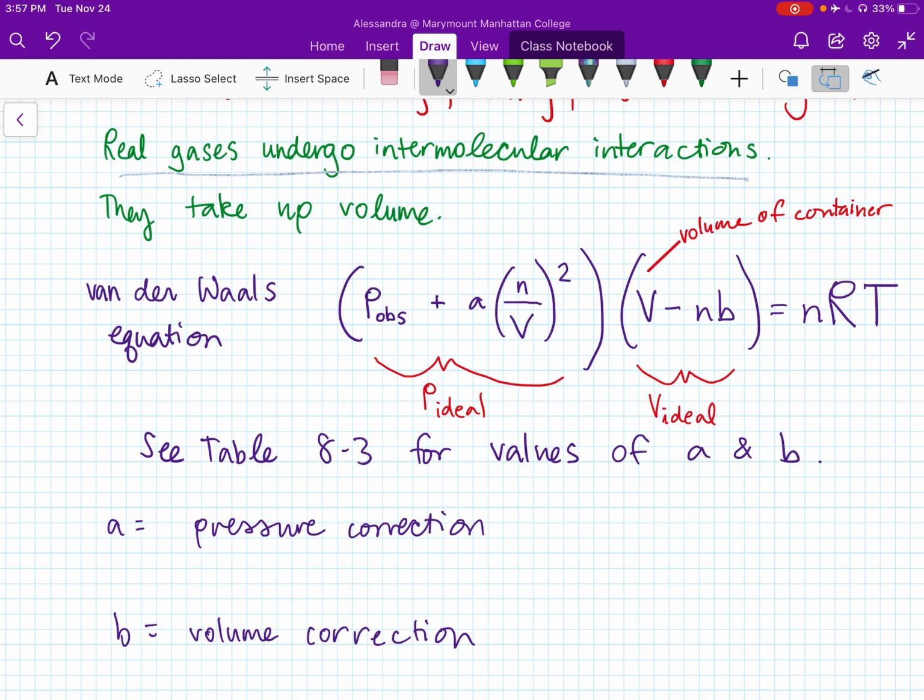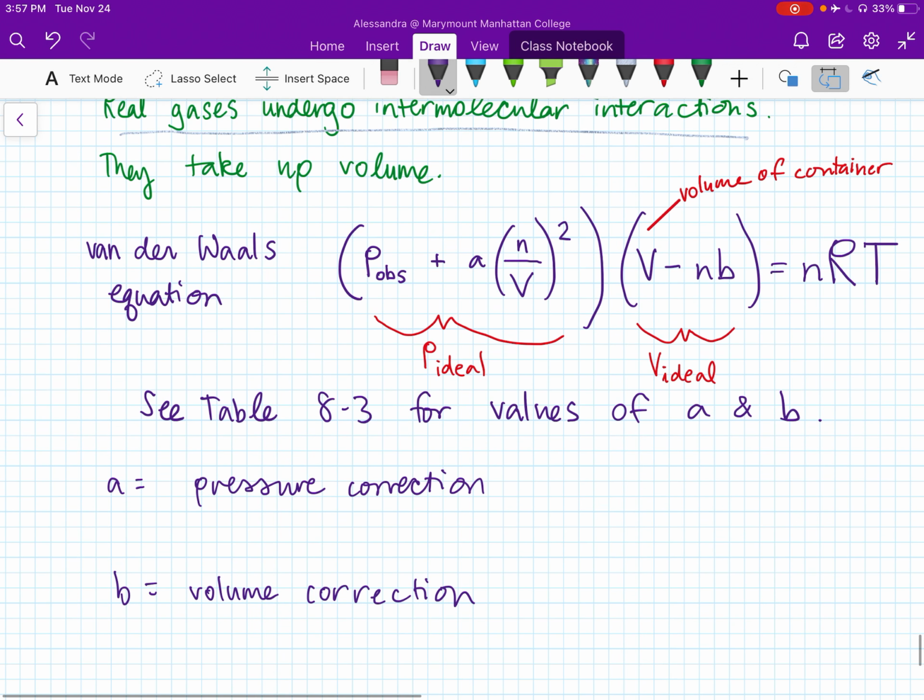So in reality, there are attractive interactions that cause molecules to crash into each other, and that's going to prevent them from hitting the walls of the container as frequently as the ideal gas law predicts. B, the volume correction, takes into account the volume actually taken up by the gas molecules. So that is going to be a correction that we do for the volume of the container to make it more like the ideal gas.